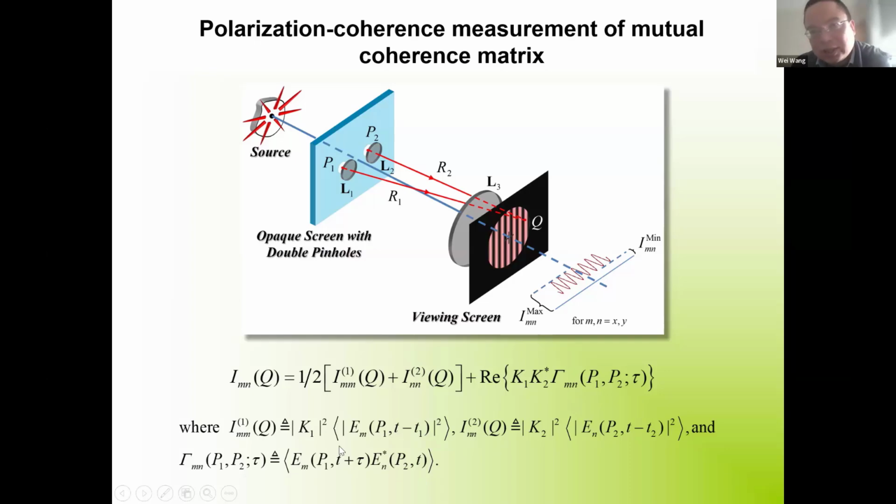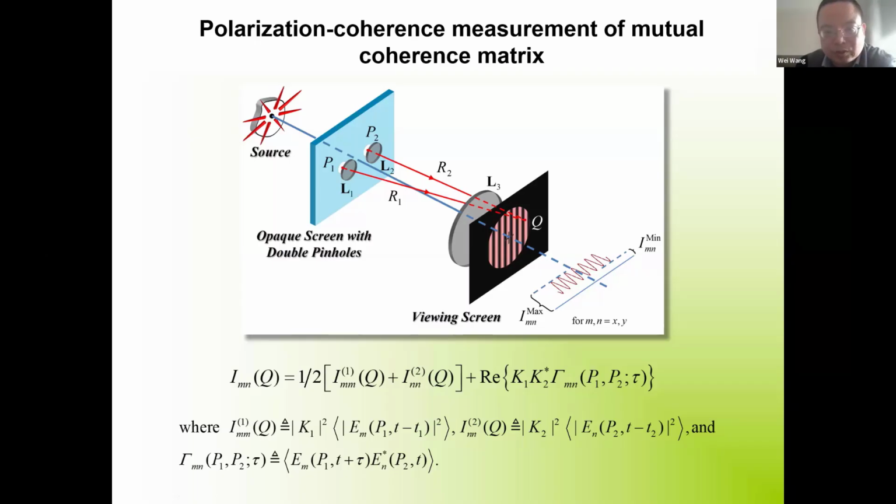Here is the equation for the polarization sensitive interference law to measure the mutual coherence matrix. As you see, the first term represents the intensity at the detection point Q from the light from pinhole P1, and the second term is the intensity at the point Q at the detection plane from pinhole P2.